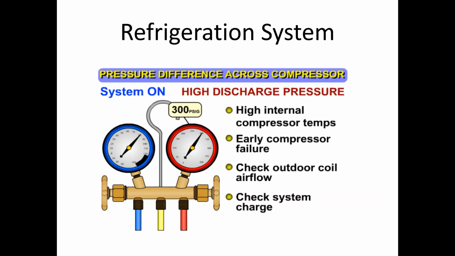Sometimes we might think that because we have a high discharge pressure or a high head pressure that the system's overcharged. So then you pull charge out of it, and then your superheated refrigerant coming back to your compressor is too hot, and we don't cool the windings off enough, and then we could overheat the compressor and open the internal limit on it.